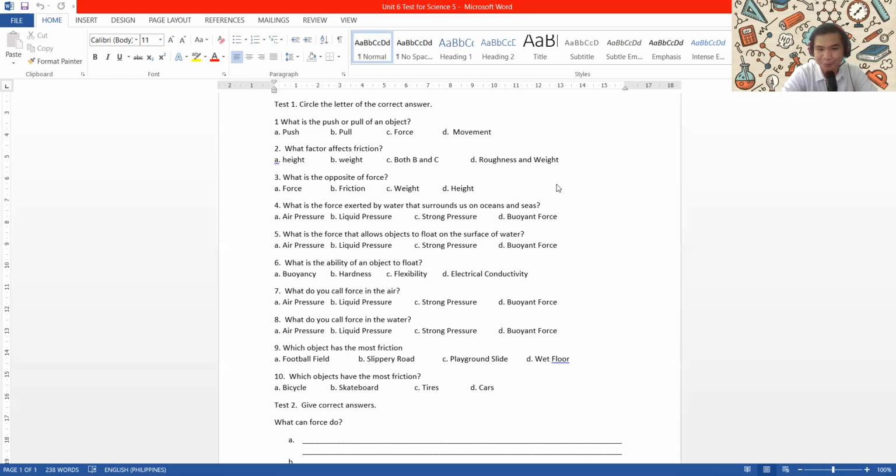Well, from the previous question, we know that the force that allows objects to float on the surface of water is called buoyant force. So the ability of an object to float is simply called buoyancy. That's it. That's buoyancy.